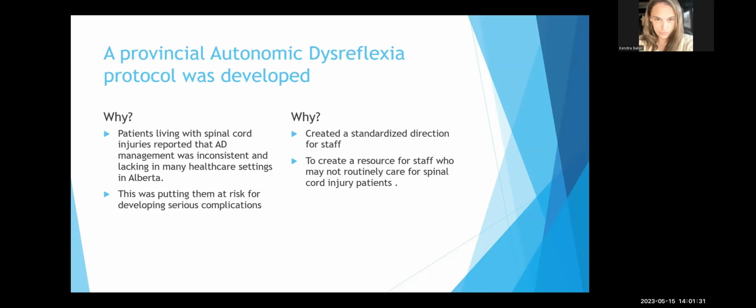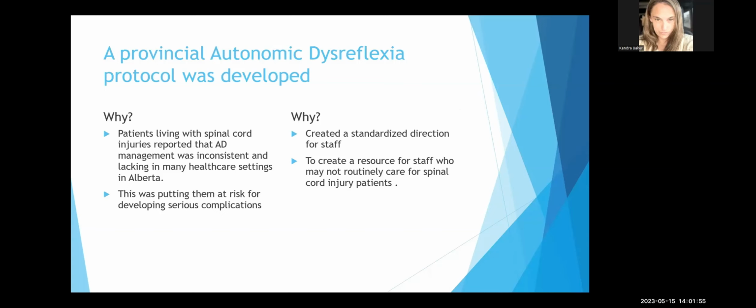So there was a provincial-wide autonomic dysreflexia protocol developed. This was because patients who were actually living with spinal cord injuries reported that autonomic dysreflexia was managed inconsistently throughout the province and was lacking in many healthcare settings in Alberta. And this was putting them at serious risk for developing complications.